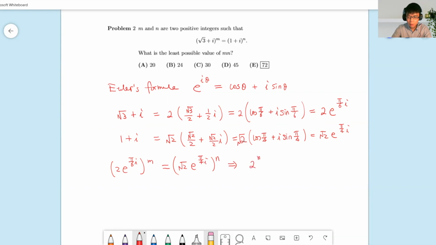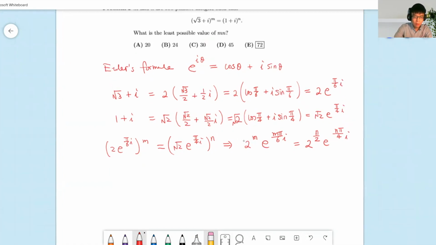This is 2^m exponential m pi over 6 i equals root 2 to the power n, that's equivalent to 2^(n/2), times exponential n pi over 4 i. Two complex numbers are equal in exponential form, so we should have the following requirement. First, their modulus is equal, so 2^m equals 2^(n/2).